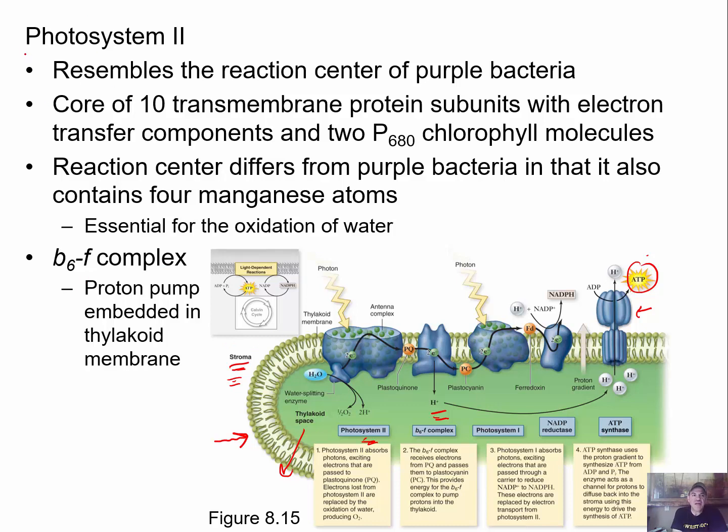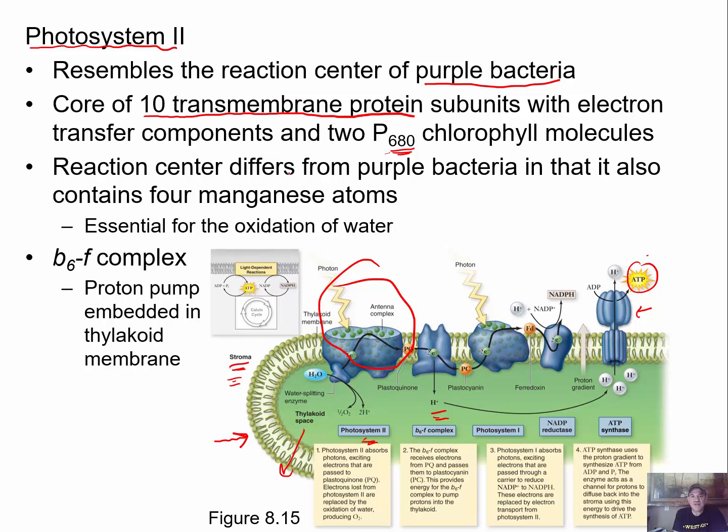So going in and looking at photosystem 2 in a little bit more detail, which this is photosystem 2 right here. It resembles the reaction center of purple bacteria, which is mentioned on the prior slide. And this reaction center consists of 10 transmembrane proteins, so not just chlorophyll A, we also have proteins associated with it. And it's the combination of chlorophyll A and the arrangement of those 10 proteins that allows us to absorb light best at 680 nanometers.